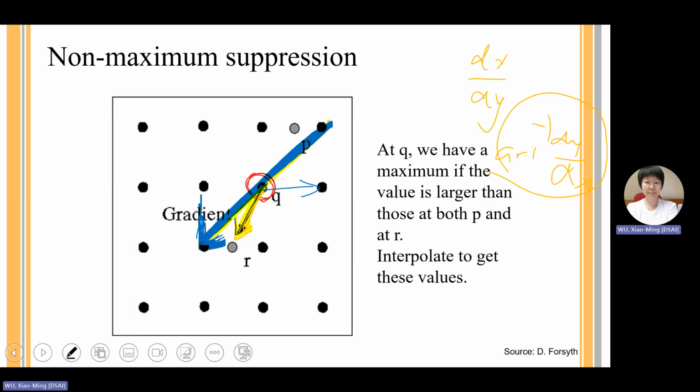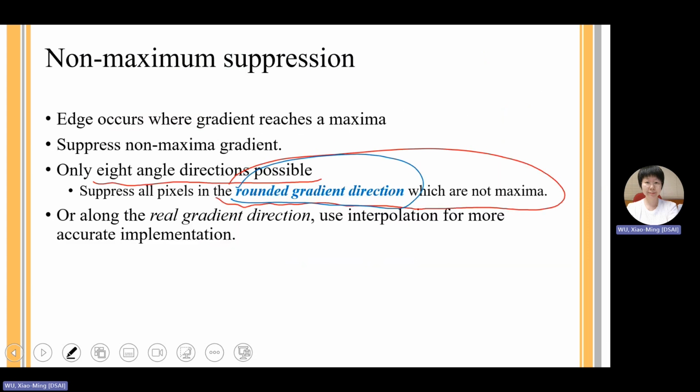And along this angle direction, we are going to consider the gradient of this point and this point and this point to determine whether we keep its gradient or not, by comparing the gradient values of the 3 pixels. Okay, so that's one way to do non-maximum suppression: suppress all pixels along the rounded gradient direction. The direction is not its real gradient direction, but it's rounded.